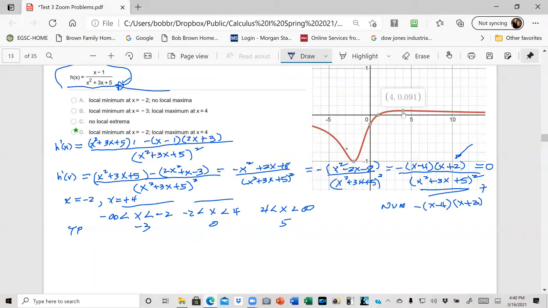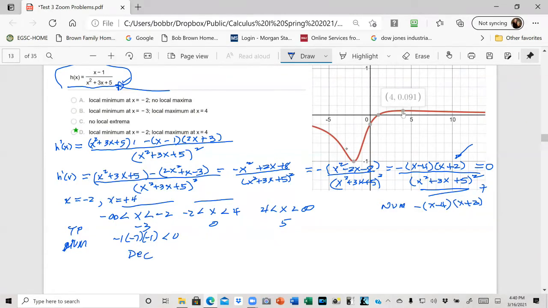So the sign of the numerator, we'll write down what it is. For x equal minus 3 would be minus 1 times minus 7 times minus 1, which is less than 0. That means it is decreasing.